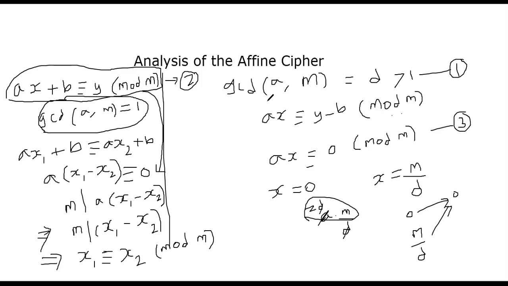By proof by contradiction, we assumed GCD is more than 1, and found that the function must not be one-to-one. So to summarize, solving equation number 2, to find x for a given y, is only possible if a and m are relatively prime to each other. That's basically the analysis of the affine cipher.